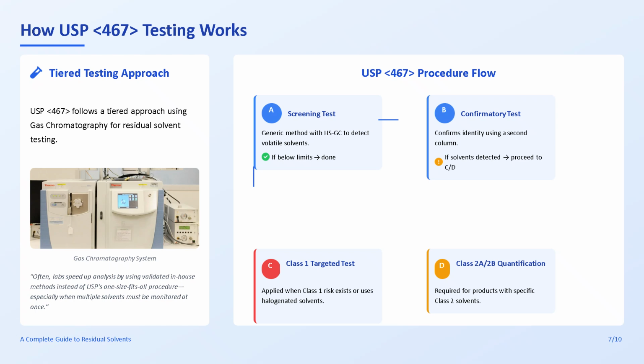If Class 1 solvents are suspected, Procedure C provides targeted testing. And for specific Class 2 solvents, Procedure D is used for quantification. Many labs create faster, validated in-house methods, especially when monitoring multiple solvents, but they must still be scientifically justified.